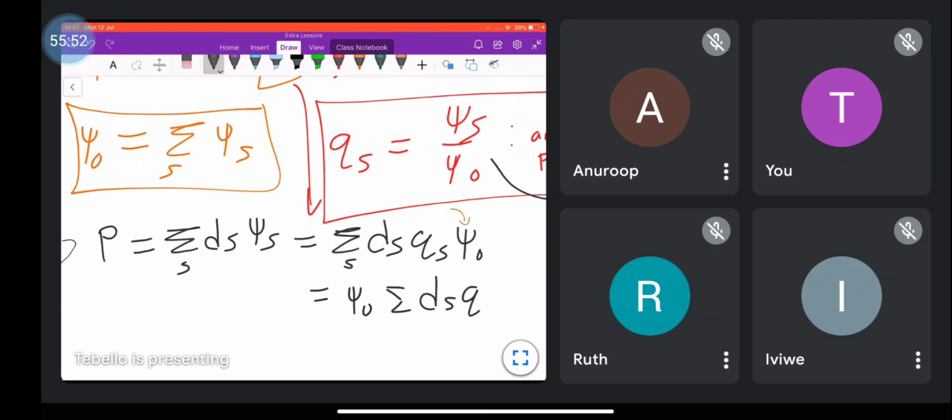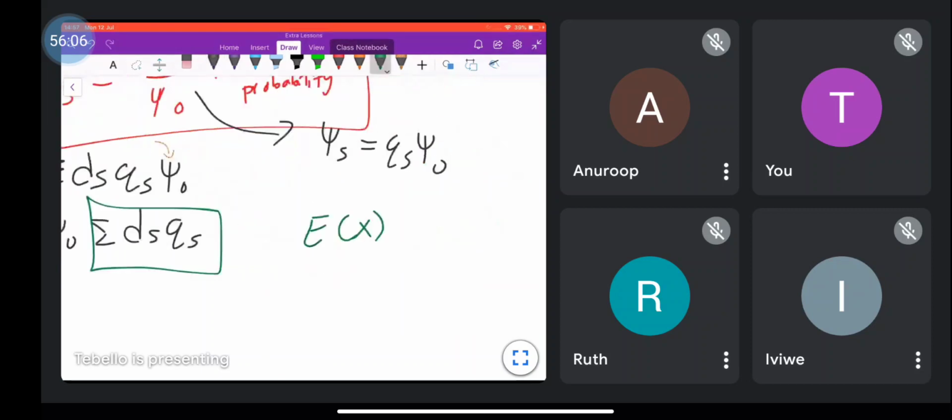So when you look at this thing, it looks like the definition of expected value, right? We say that the expectation of something is going to be the sum of x_i times the probability of i, and we already know that q is the probability.